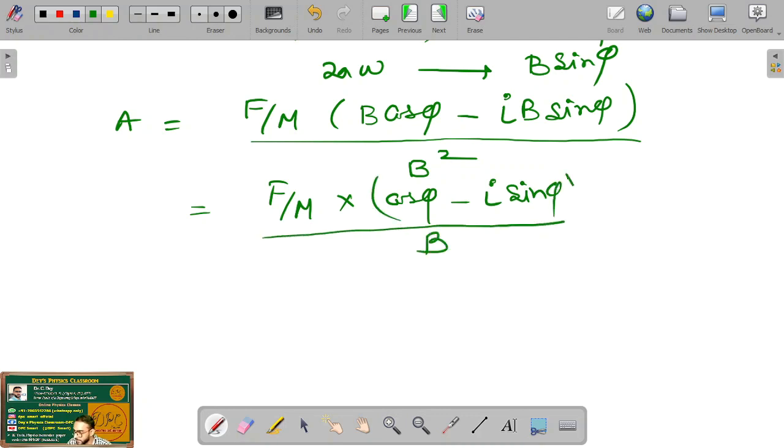So cos φ minus i sin φ means e to the power minus iφ.